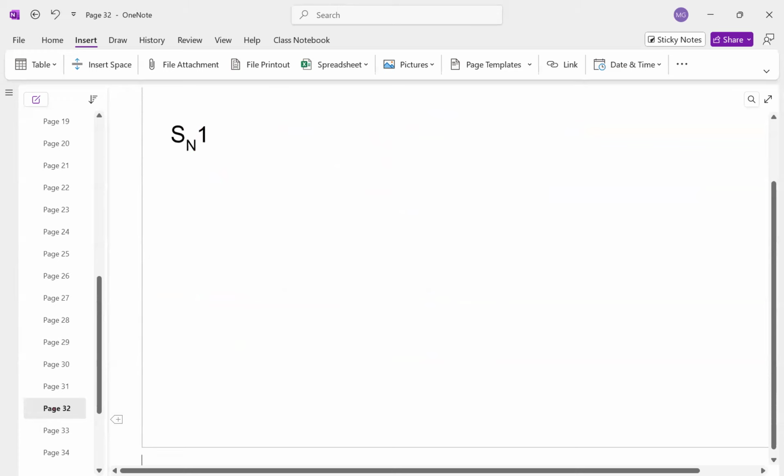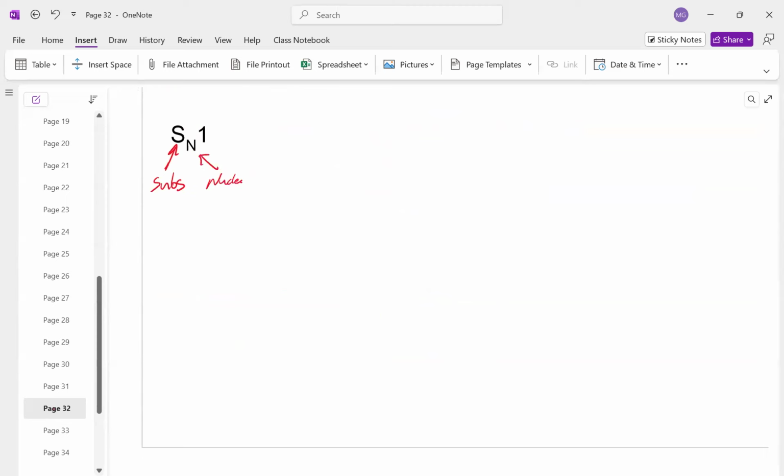Now, again, just to review, the S stands for substitution, the N stands for nucleophilic, and the 1 stands for the fact that it's unimolecular, meaning there's only one chemical species involved in the rate determining step. So in the reaction on the previous page, let's go through the mechanism.